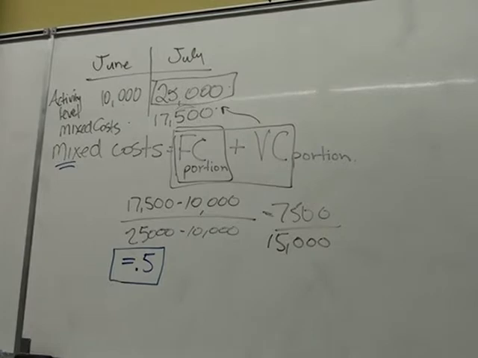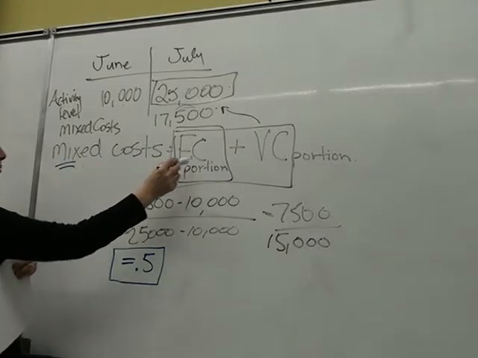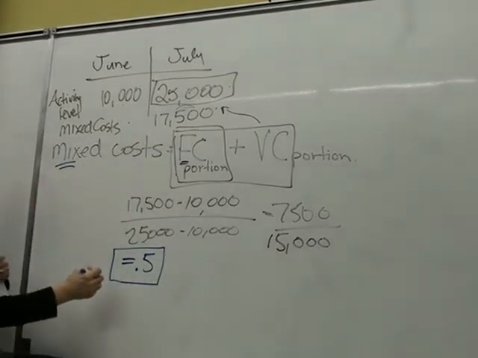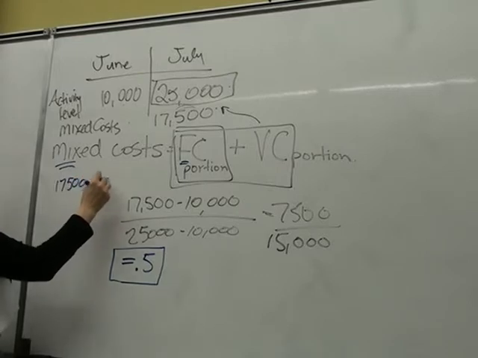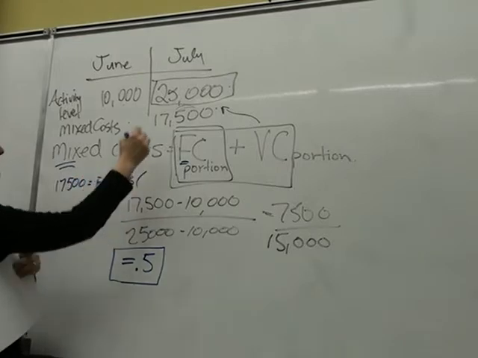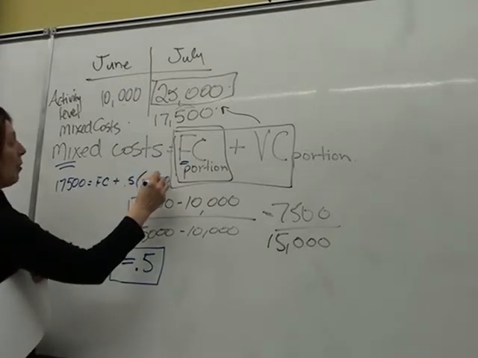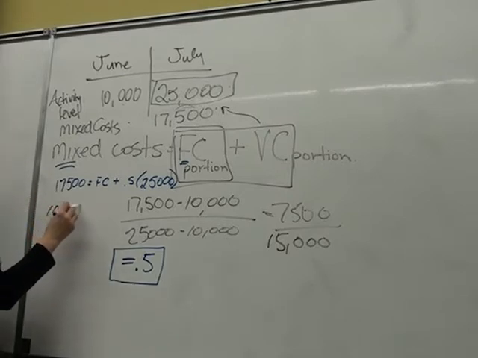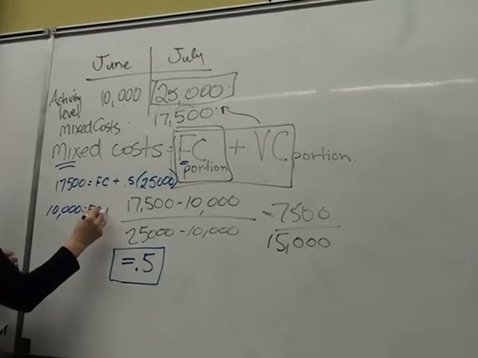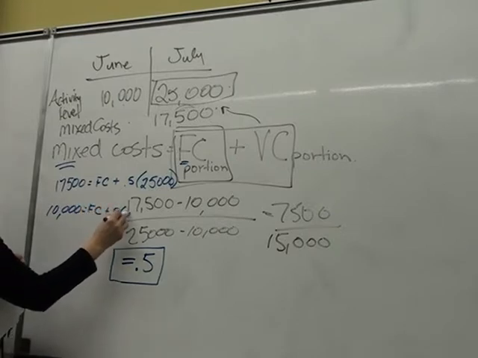And if I had asked you to produce me a formula for the mixed cost, you'd have to figure out this portion. So the mixed cost, so now we know 17.5, you then have to figure this out, and you do it by saying 17.5 equals the fixed cost plus 0.5 times 25,000, or you could get it the same way by going, the mixed cost is 10,000 equals the fixed cost plus 0.5 times 10,000.